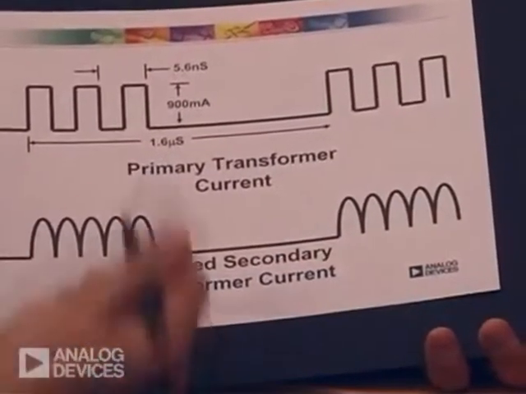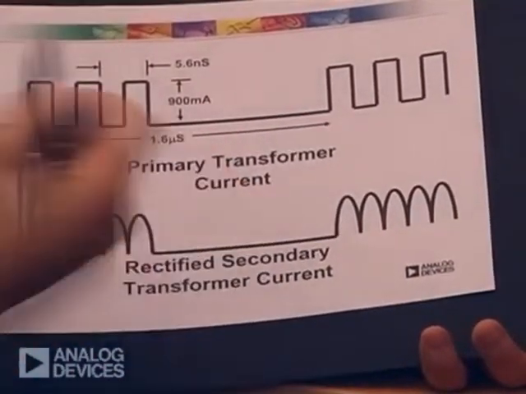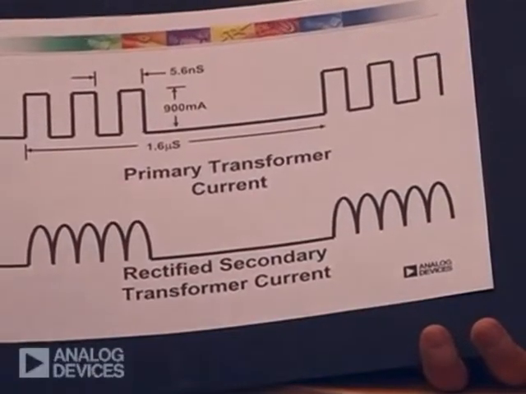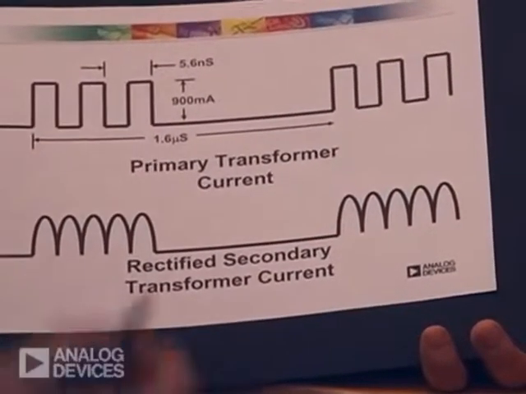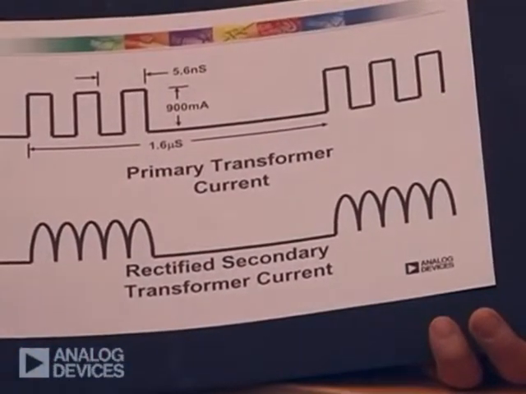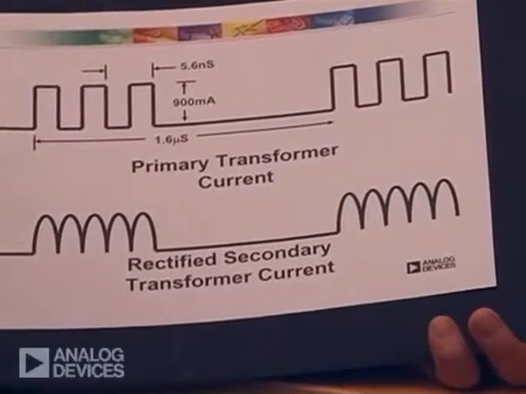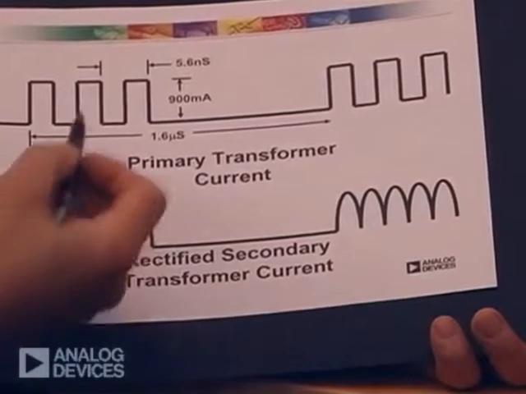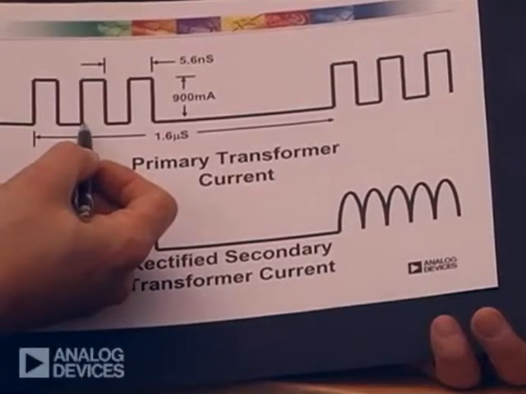Two main problems are, first, this 900 milliamps is too much for a standard bypass capacitor to supply in a timely manner, because the bypass capacitors have via inductance, their own internal inductance, and the power and ground plane inductances to overcome in order to supply this 900 milliamps of current.